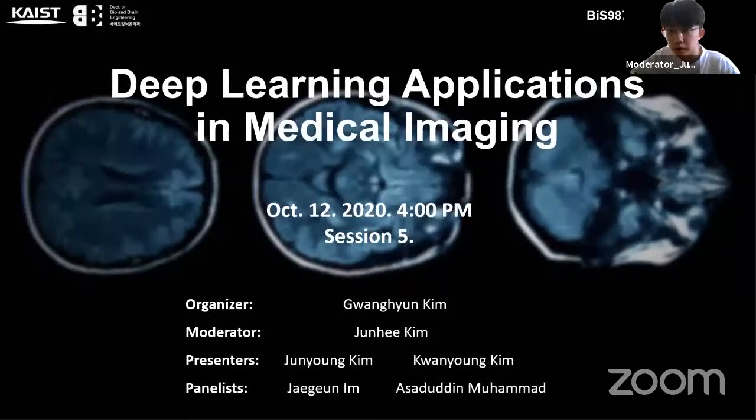So I'm going to start from here. Hello everyone, I'm moderator Juni Kim, and in session 5, we will present deep learning applications in the medical imaging field. As everyone knows, the field of deep learning research has recently made remarkable progress, and in particular, the application fields related to image processing are more prominent.